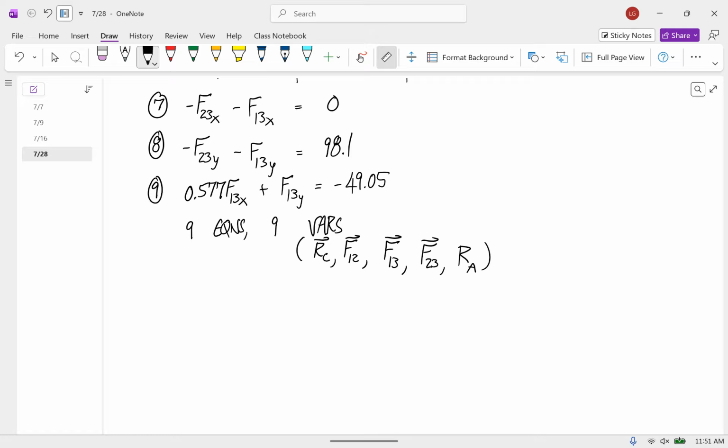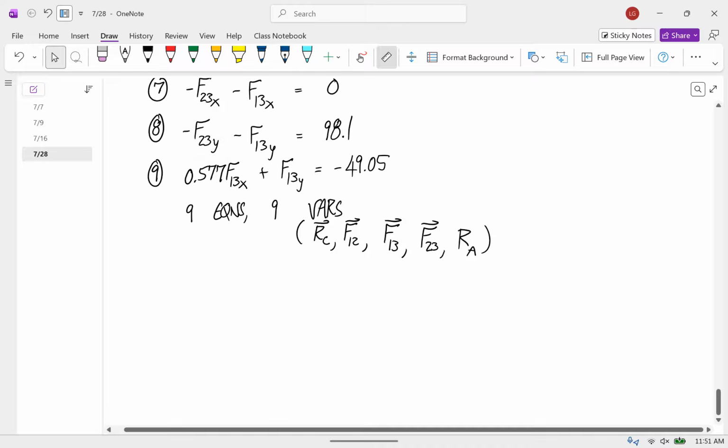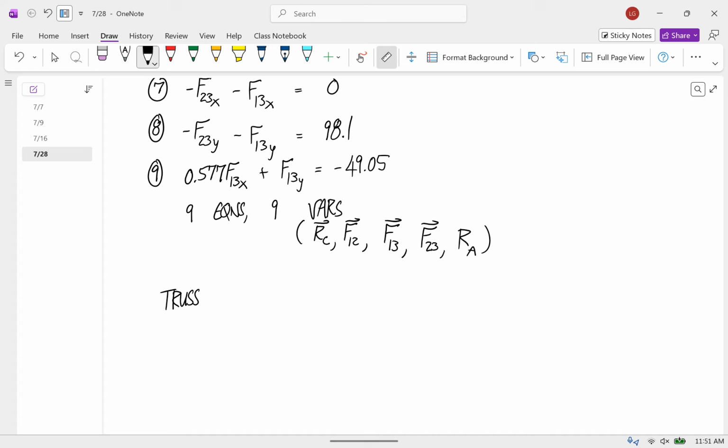Let me just say a little bit about the truss simplification. None of these example problems that we did today could use this really nice simplification called trusses. But sometimes you can, and it's something that's worth being aware of.